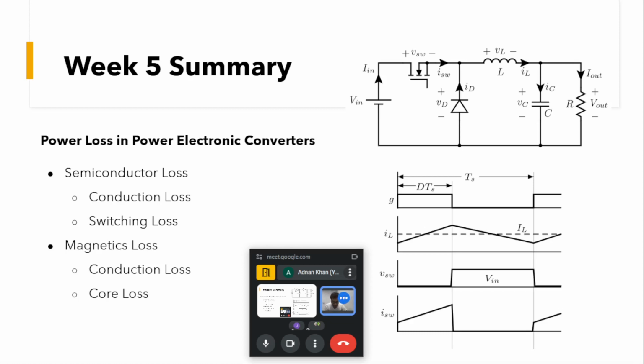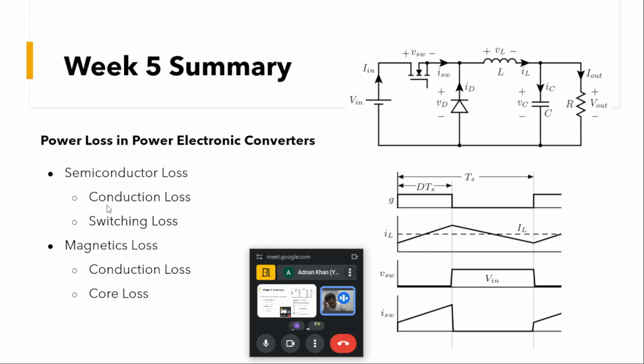Also in some devices, RDS on is provided for the on state of the device. If we know this and the current flowing through the device, we can take the RMS of that current, and from that we can calculate the loss component in a particular device.